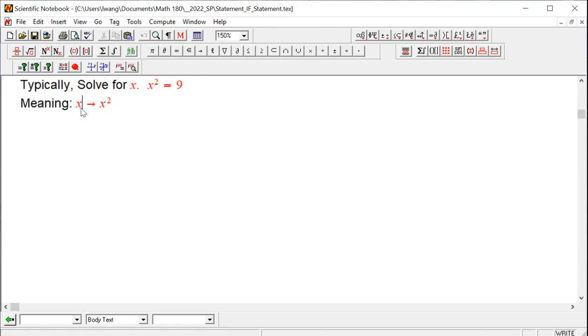We don't know what x is, but we know that it equals 9. So we don't know the input, we know the output. If we do it from the function's perspective, we certainly know this function.